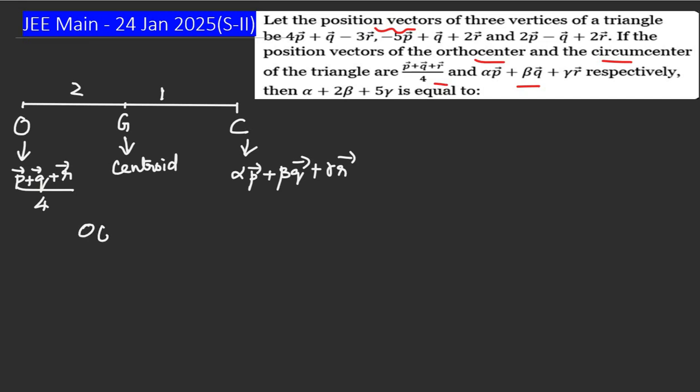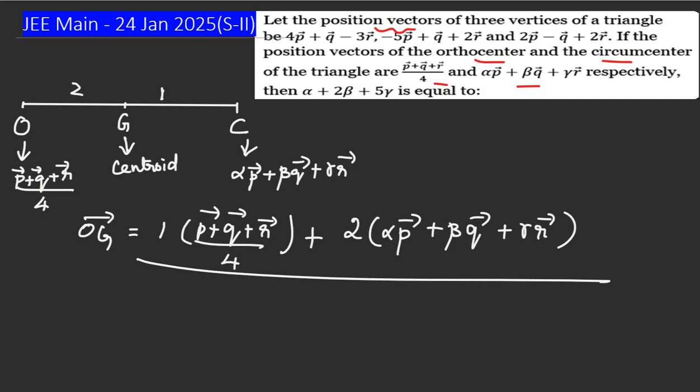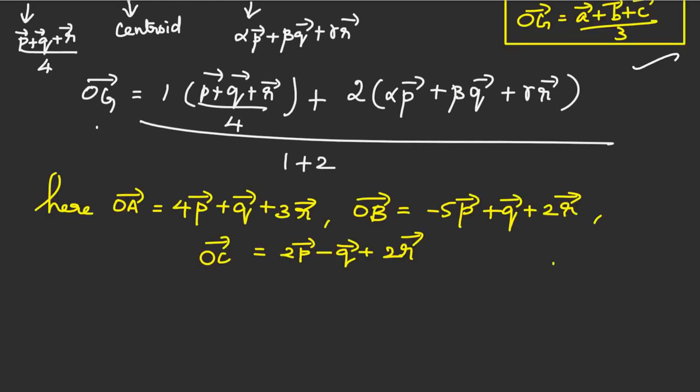So we can write here OG vector will be equal to 1 into (P vector plus Q vector plus R vector) divided by 4, plus 2 times (alpha P vector plus beta Q vector plus gamma R vector), whole divided by 1 plus 2, using the section formula. You know that OG vector is equal to the sum of the vertices divided by 3. So I am going to substitute for this OG vector now, adding OA, OB and OC.